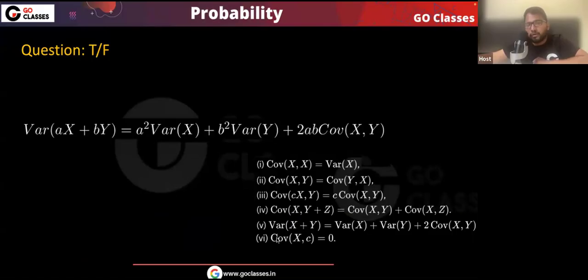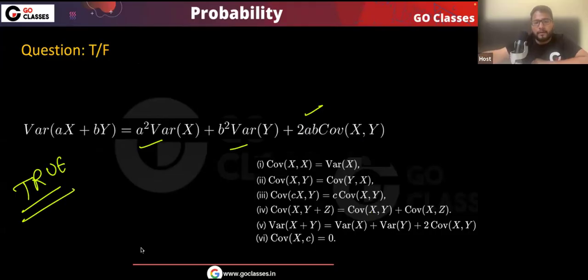So we know this fifth property. Now if it is aX, then if you take a outside from the variance, it will be a squared, right? So this is good. And from the covariance, if you take it out, it is just the same quantity, so this is good. So that's why it is true. Understood?